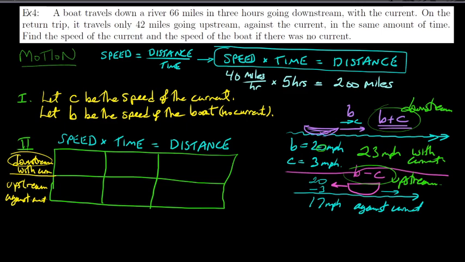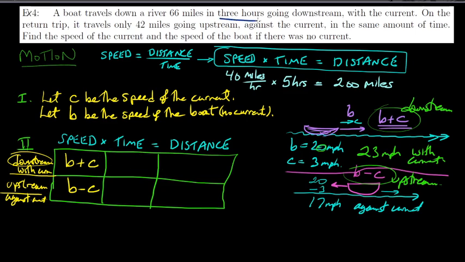Okay, so now we can fill in the table. The speed of the boat going with the current, that's downstream, is b plus c. The speed of the boat going against the current, so that's upstream, is b minus c. Now, how long did it take to go with the current downstream?